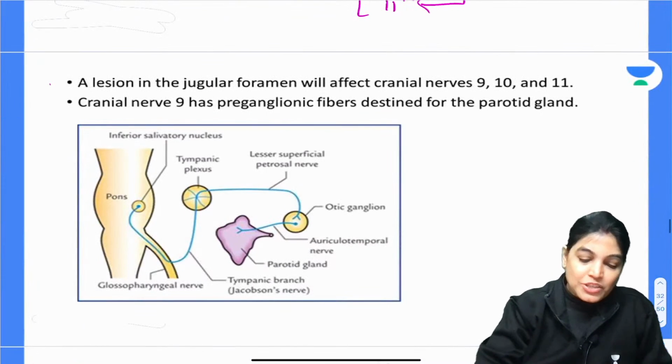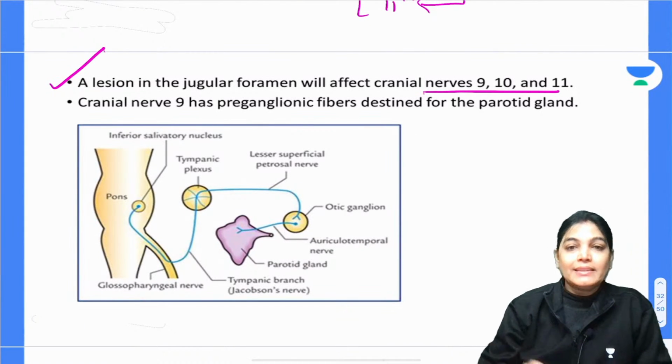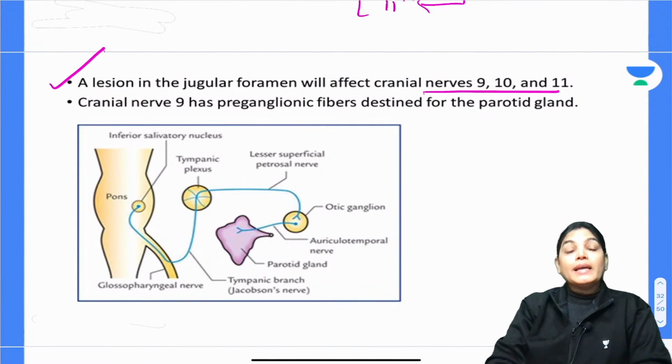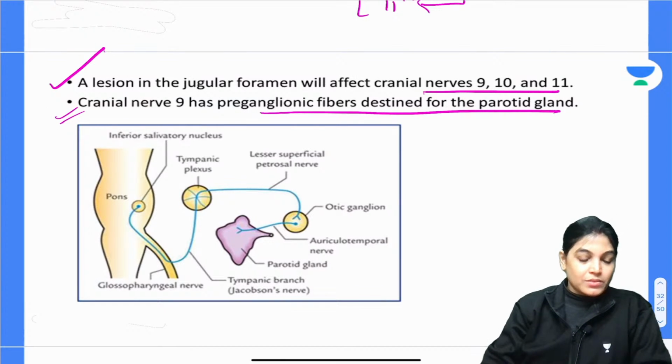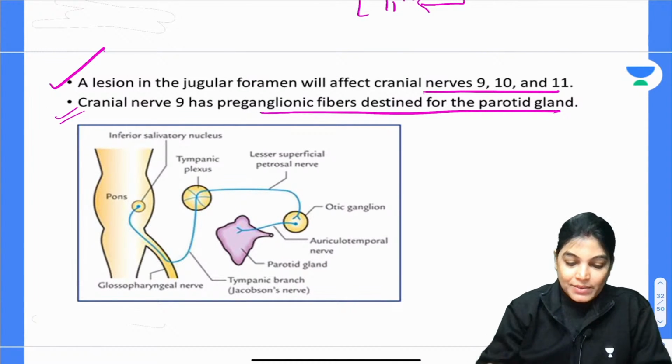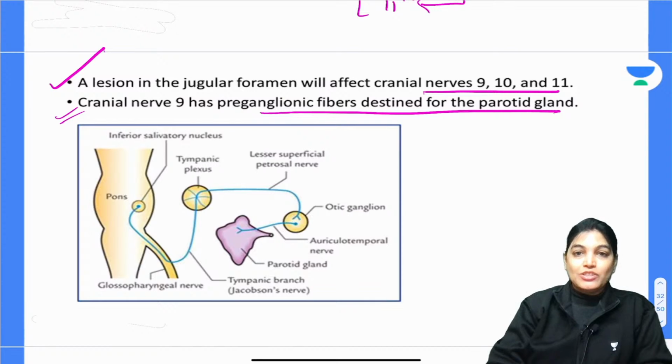See here, a lesion in the jugular foramen will affect the 9th, 10th, and 11th cranial nerves. The 9th cranial nerve, the glossopharyngeal nerve, carries preganglionic fibers for the parotid gland. So when it is affected, there will be reduced secretion from the parotid gland.